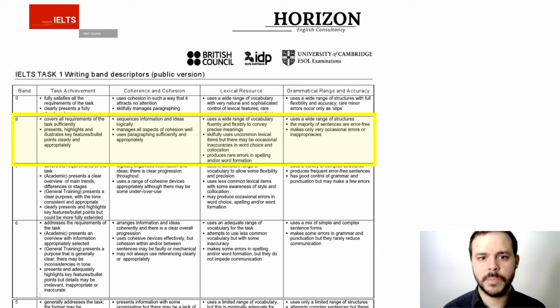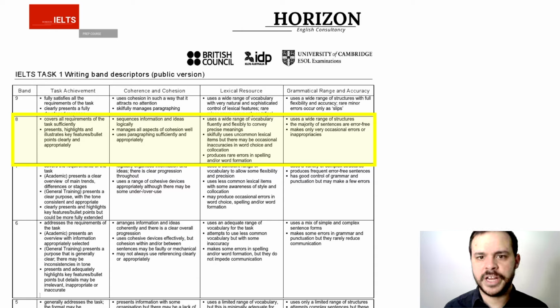Skillfully uses uncommon lexical items, but there may be occasional inaccuracies in word choice and collocation, and produces rare errors in spelling and/or word formation. The student is also successful in this criteria, lexical resource. He uses a wide range of vocabulary, uncommon terms, and it's essentially free of mistakes.